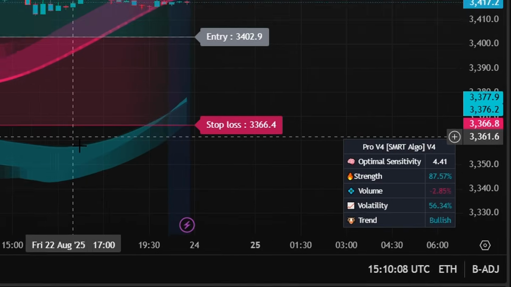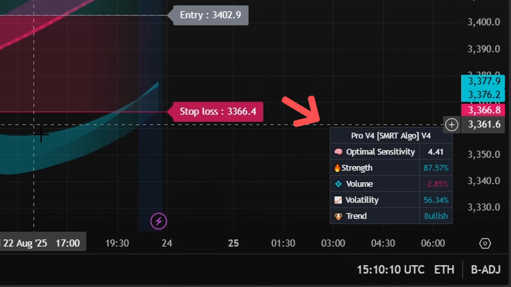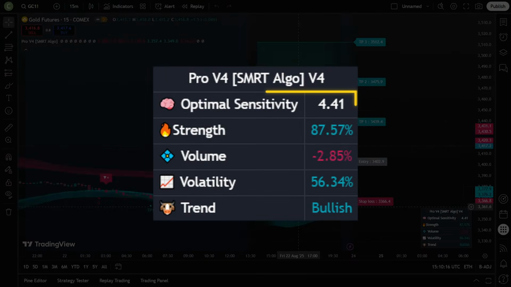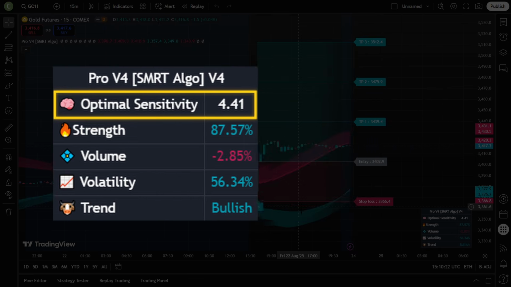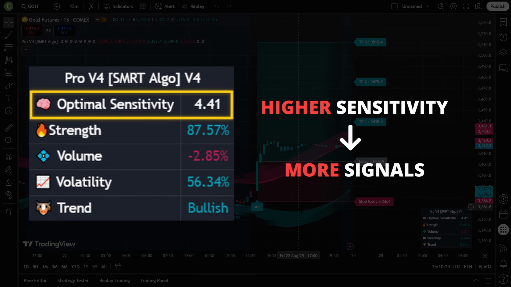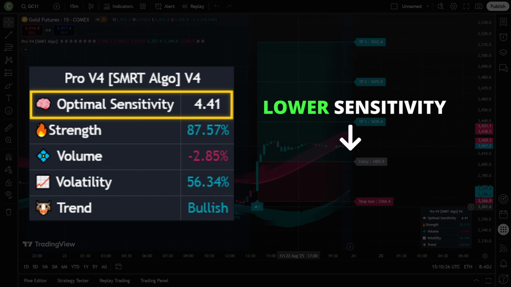At the bottom right corner of the market, we can see a small dashboard that contains a few important details about the market. The optimal sensitivity stands for how actively the indicator reacts to the market's movement. Higher sensitivity means the indicator will provide more signals, while lower sensitivity provides fewer and more accurate signals.